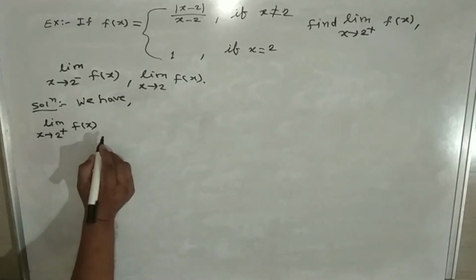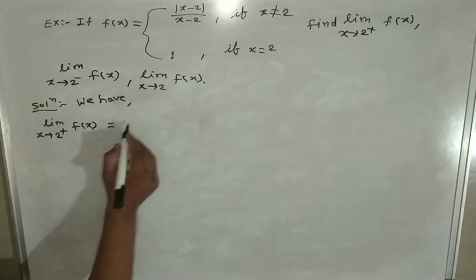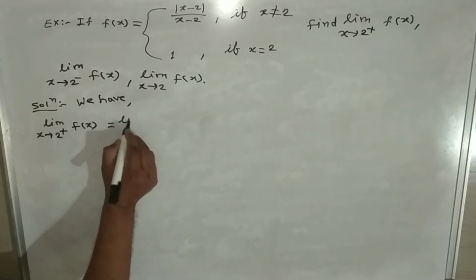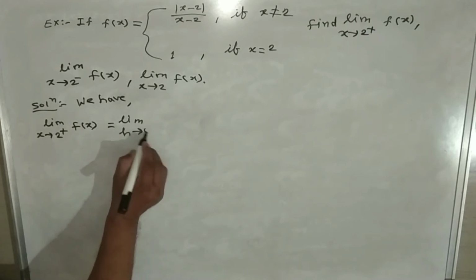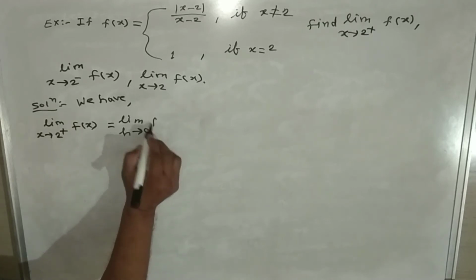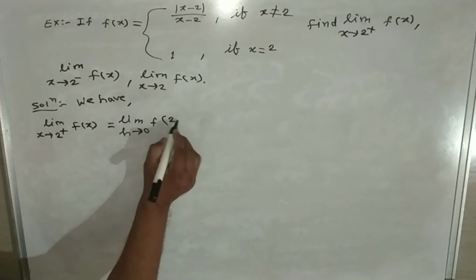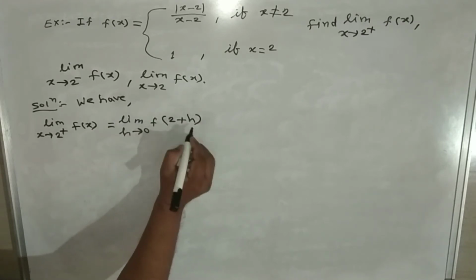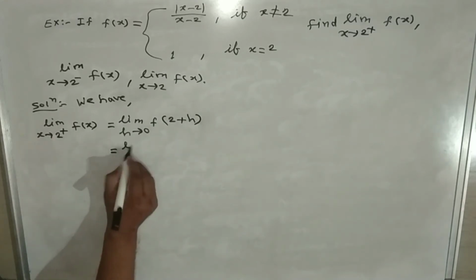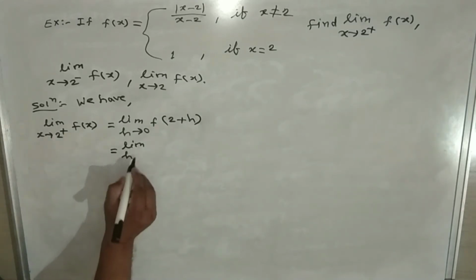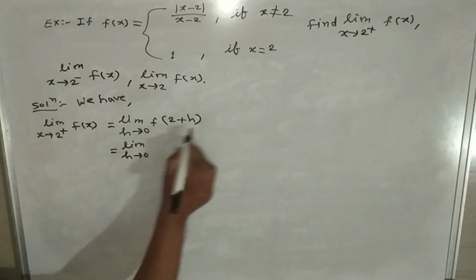This can be written as limit as h tends to 0 of a function f of 2 plus h.